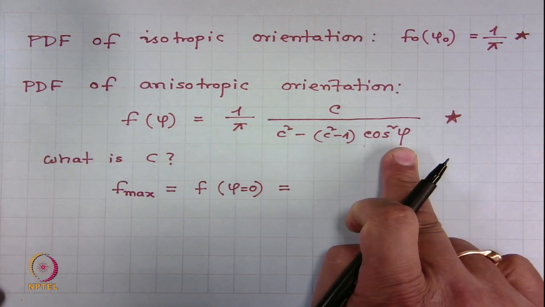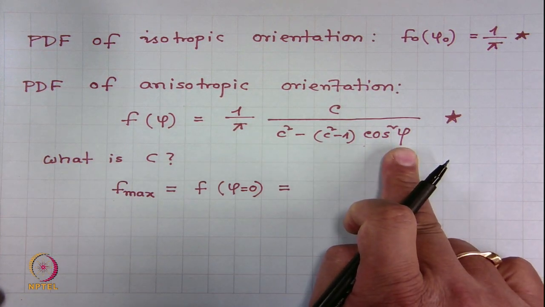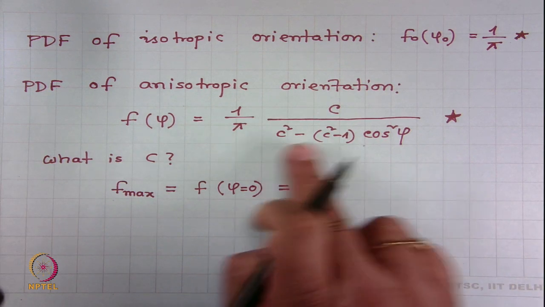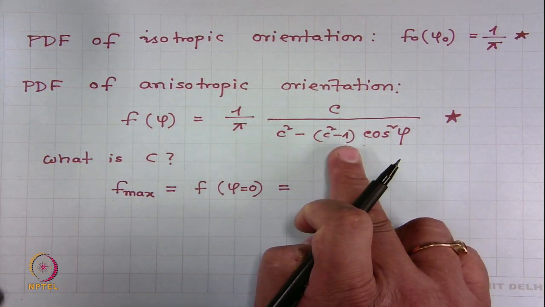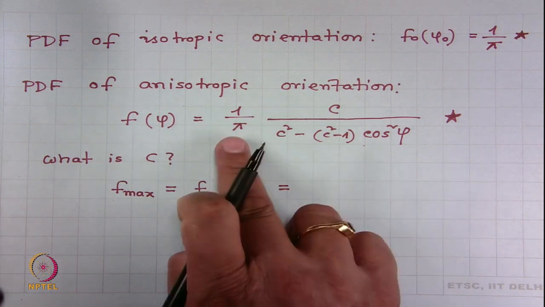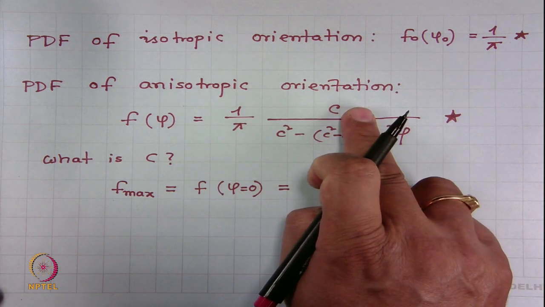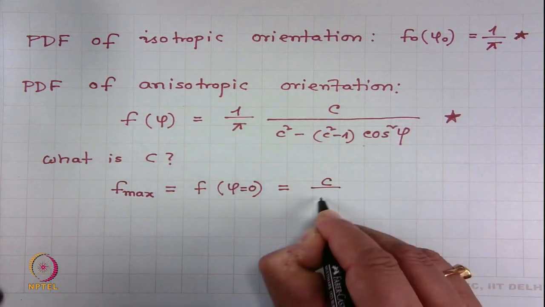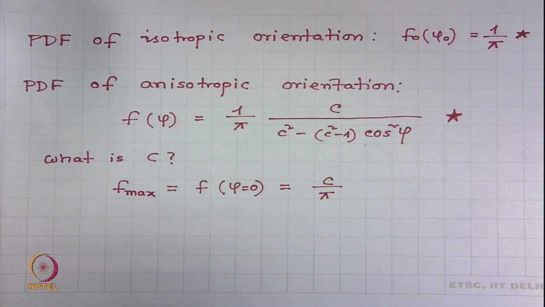Cos squared 0 is 1. So, in the denominator it becomes c square minus c square plus 1. So, that is basically 1 and there is pi, there is c. So, it becomes c by pi.